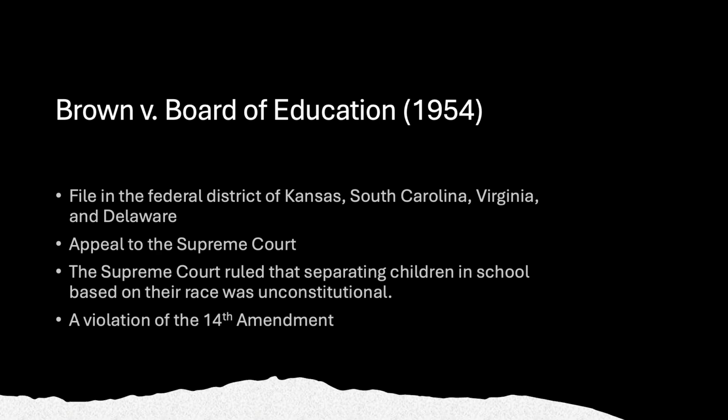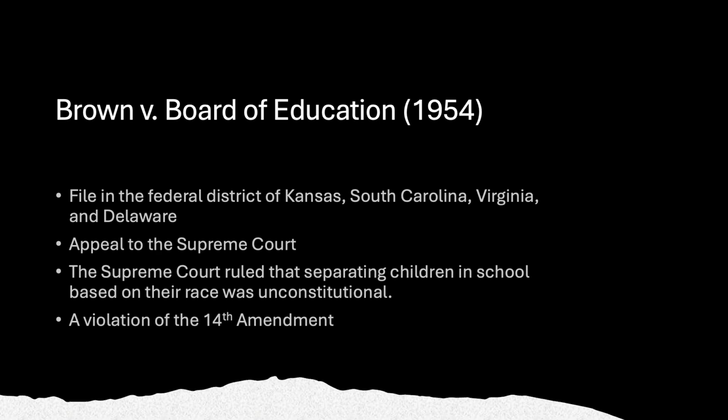But this court ruled against the Brown family, so they decided to appeal, but instead of going to the second level, the circuit court, they bypassed this step and went directly to the Supreme Court.